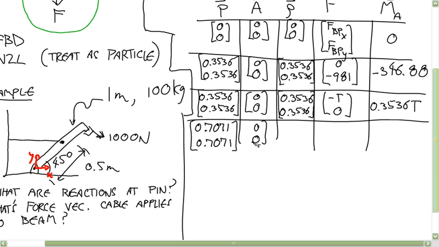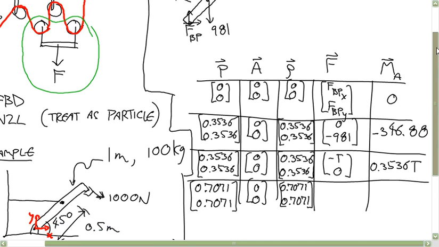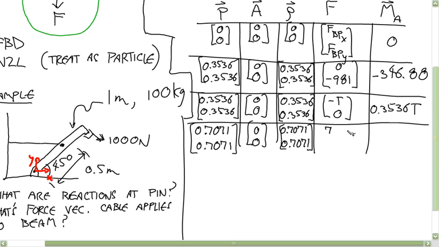The about point is the same, so the rho vector is 0.7071, 0.7071. The force vector is positive 707.1, negative 707.1. And so you have negative these two minus these two, and it gives you negative 1,000. Any questions so far on that table?